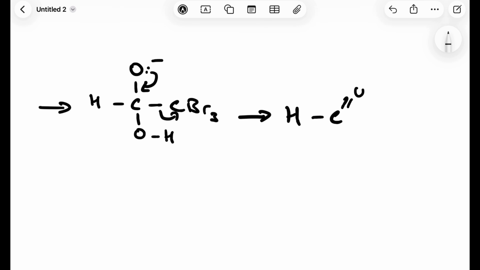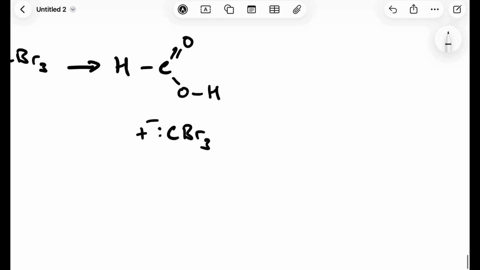So we're going to end up with the carboxylic acid and also the CBr3 minus. Then the lone pair on the carbon is going to attack the acidic hydrogen on the carboxylic acid.